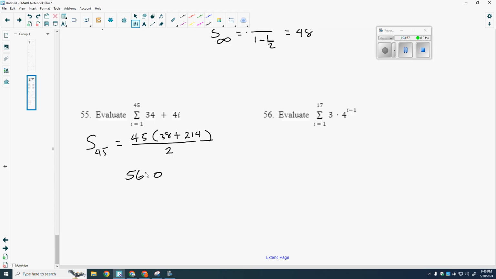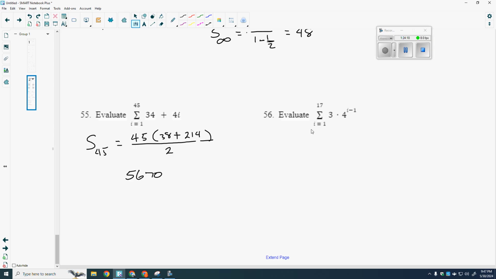And if you're looking at the answer key, I had 5,602.5, but it's not, because this was 214, not 210. And somehow I had 39 for the first term and not 38. Wow, I really messed that problem up in the answer key. All right, that's what it should be.